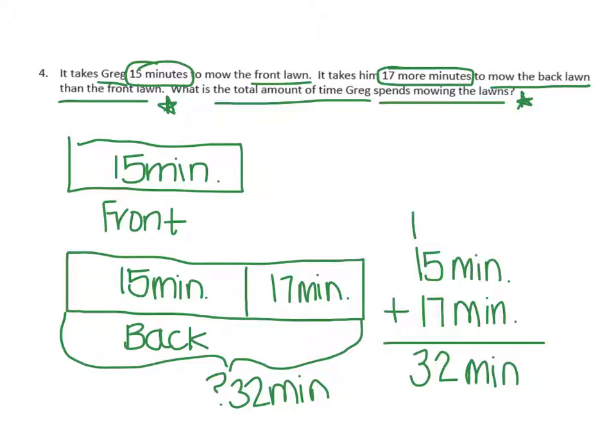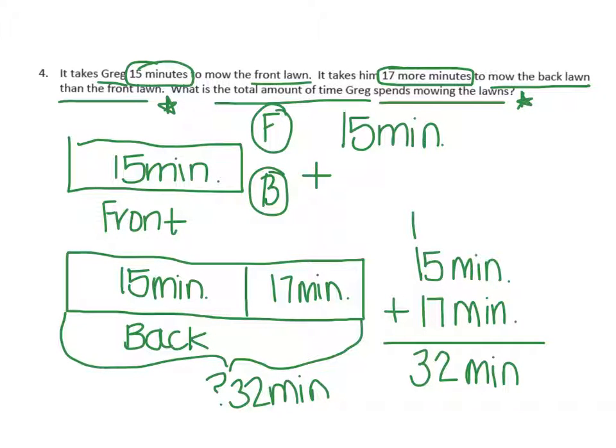Now I need to figure out how long it takes him to mow both. So I'm going to add 15 minutes, which is the front lawn, and I'm going to add it to the back lawn, which takes him 32 minutes.